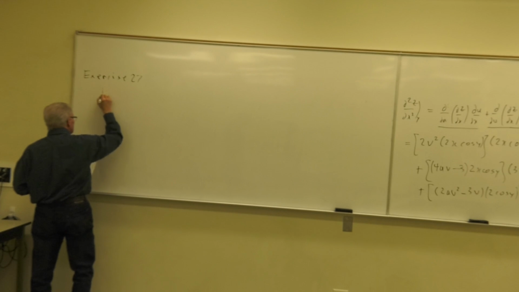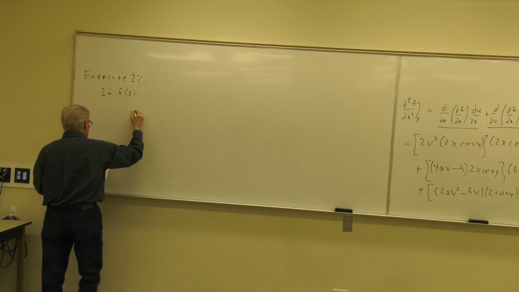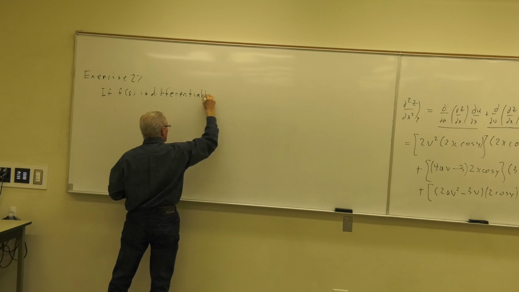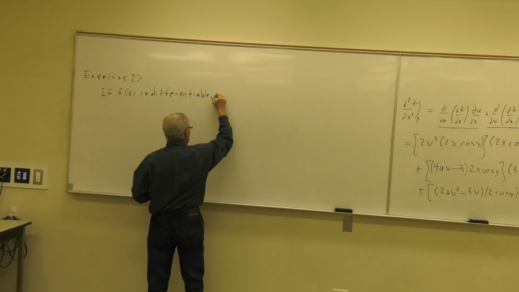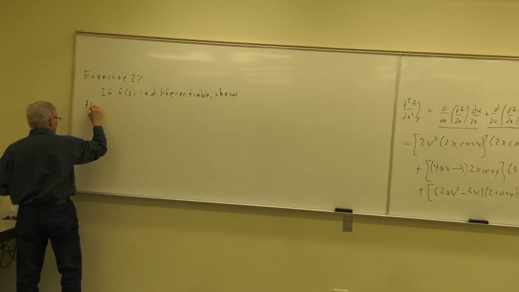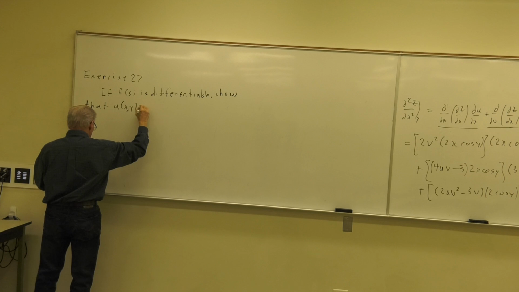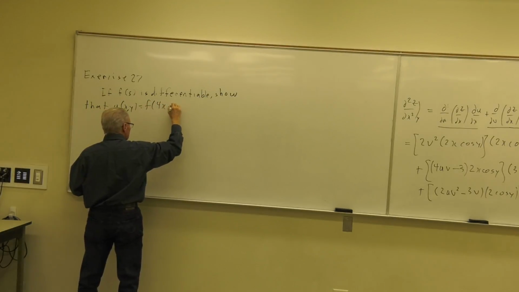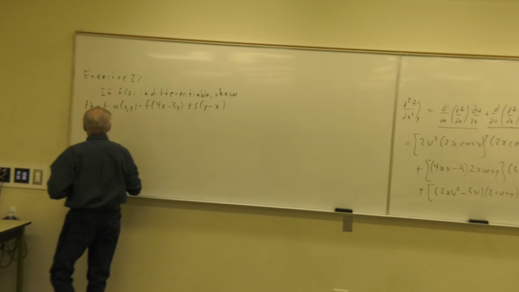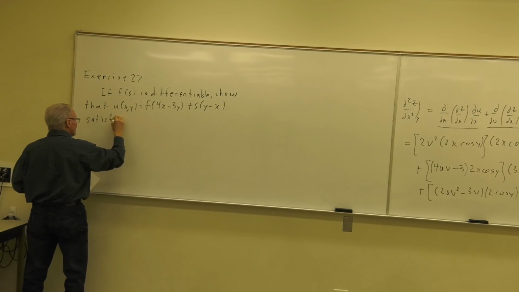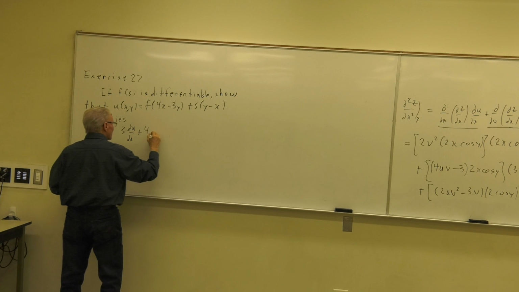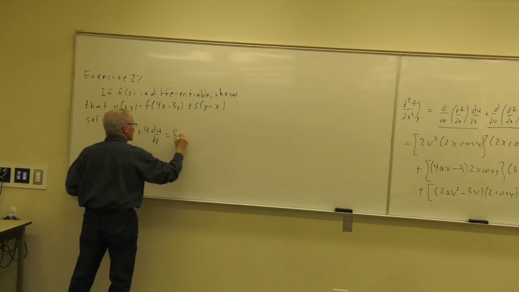If f of x is differentiable, so that's a function that's got a derivative, show that u, a function of x and y, equal to f of 4x minus 3y plus 5y minus x, satisfies the following equation: 3 ∂u/∂x plus 4 ∂u/∂y is equal to 5.